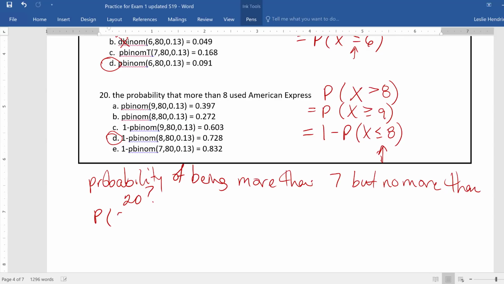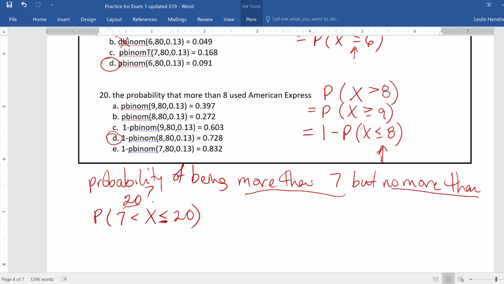I usually just write my numbers with less than signs around my variable. Then I look at the prompt and ask myself if those should be strict or non-strict inequalities. More than 7, we're good to go on the 7. That's strictly more than 7. But no more than 20 means it could possibly be 20, and so we need to put an or equal to sign here.